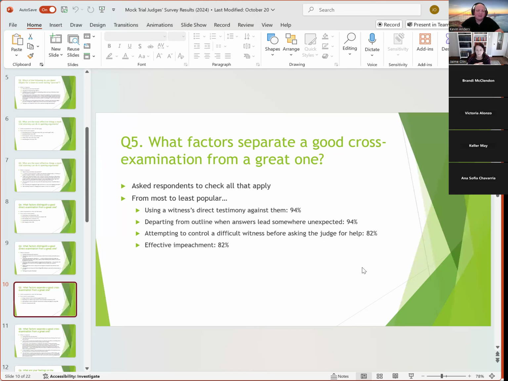There's more of an art to it than with the other parts of the trial, because it is really dependent upon the questions that are asked by opposing counsel on direct.